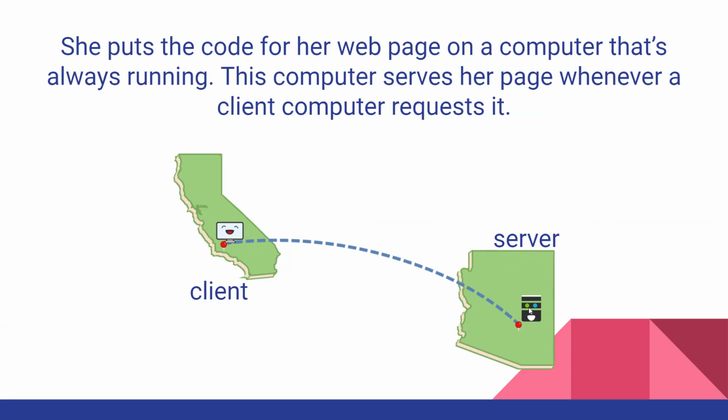Once a client requests it, this computer serves the web page to the client. So whenever we hit enter on a URL, that web page comes from a server, a computer which is always running.